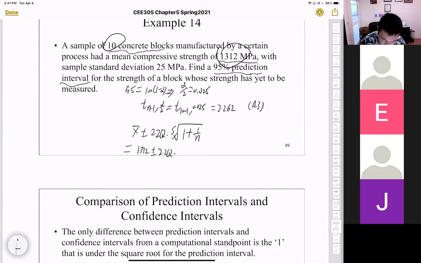The standard deviation s is 25. n is 10. So the 95% prediction interval for the strength of the block will be between 1253 and 1371 megapascal.